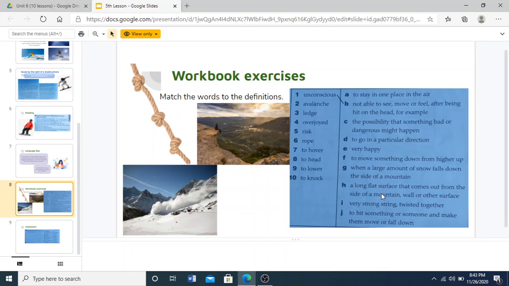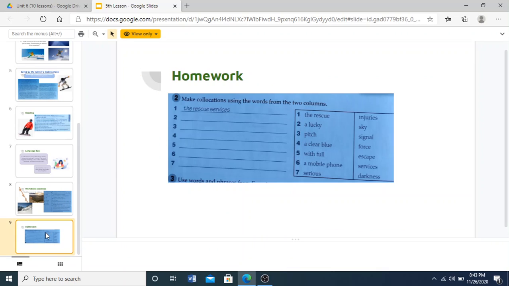Okay. All right. So last but not the least, when you're done with all these activities, is the homework for the day. And the homework here is based on collocations. Make collocations using the words from the two columns. We have a column on the left and one on the right.